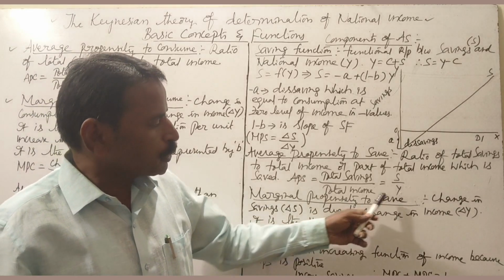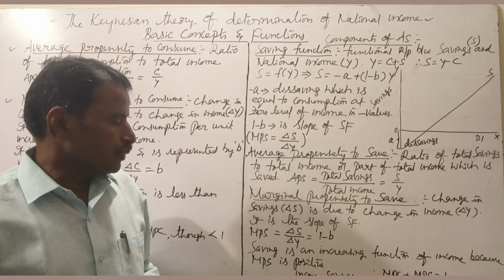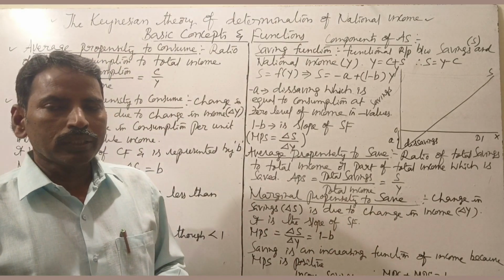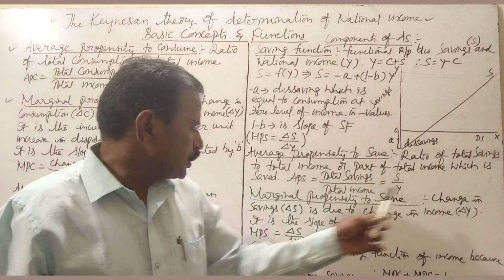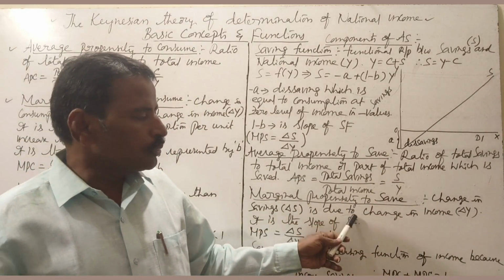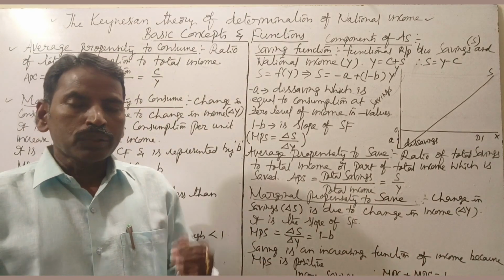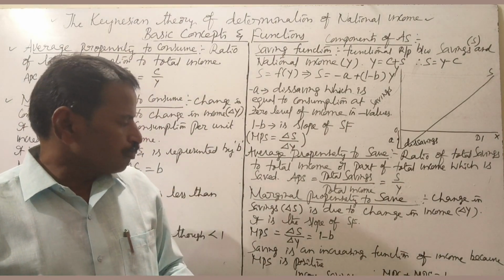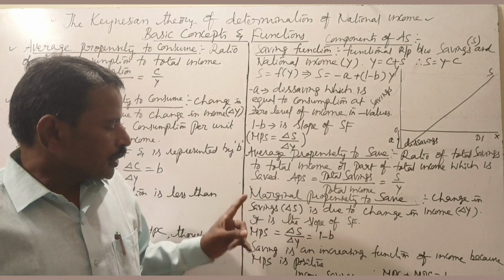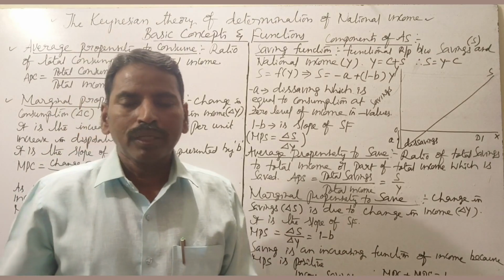Next, marginal propensity to save, MPS. Marginal means additional. Marginal propensity to save means the change in savings, delta S, is due to change in income, delta Y. It is the slope of the saving function.